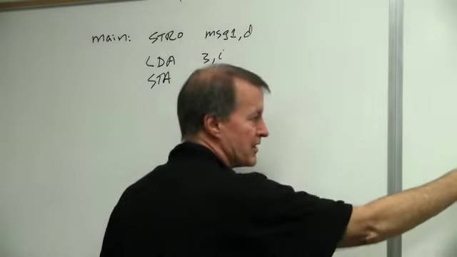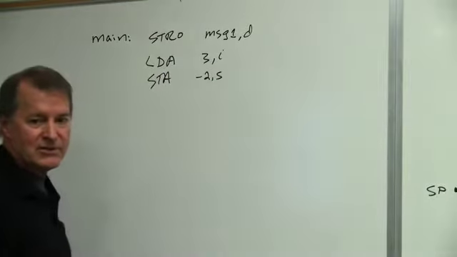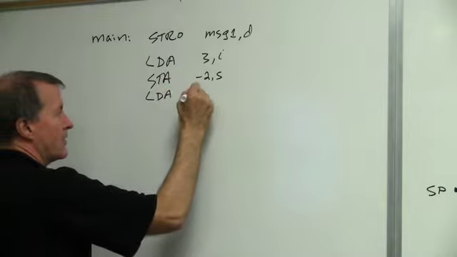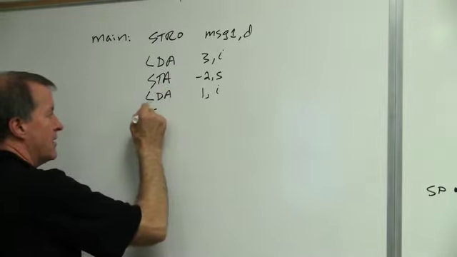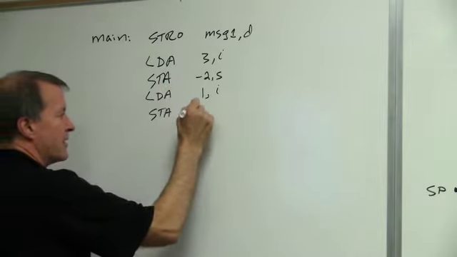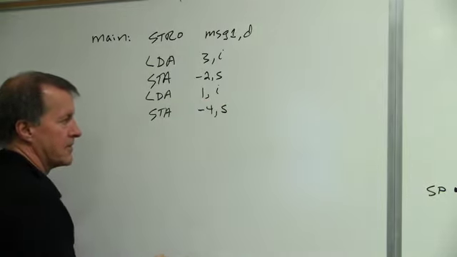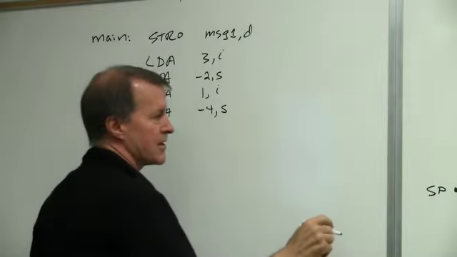So that will put the 3 in here. Is everybody good on that? And then load accumulator 1, immediate, store accumulator at -4 stack relative. Okay, so that puts those there.